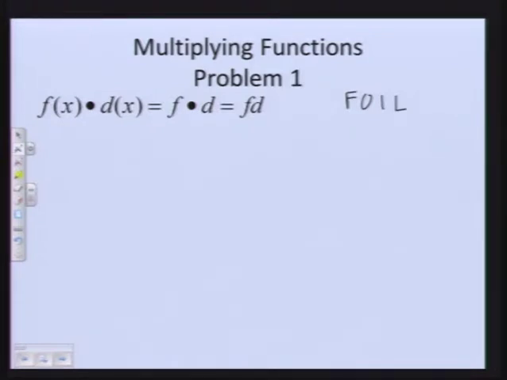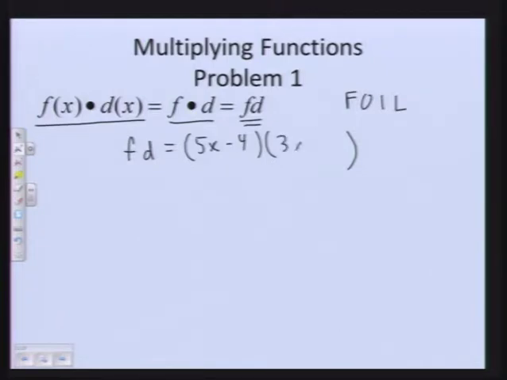So in this case, if we go back to the list of functions, we have function f times d, and notice it could be written f of x times d of x, f times d, or simply write the variables together side by side. Now, the function f, here again, I want to put parentheses in place of, it's like filling in for a variable. So we have 5x minus 4, and we have 3x plus 7.